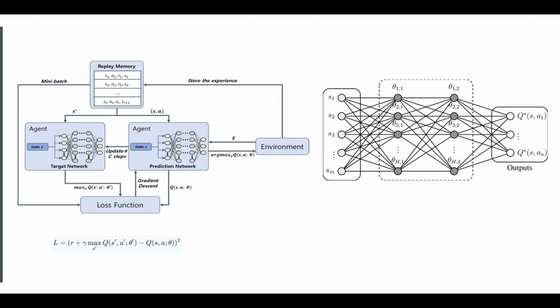So S prime is a state that is directly caused by action A1. Action A1 directly brings a reward R1, but also causes S prime, right? Based on S prime, we may further get a reward. So we will choose the action with the largest Q value as the estimated reward that can be brought based on S prime.